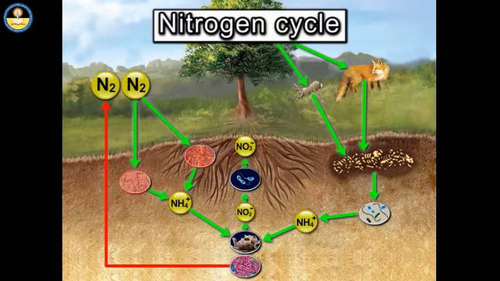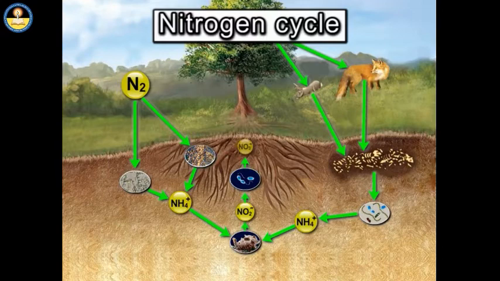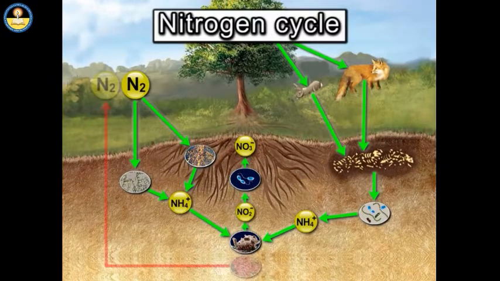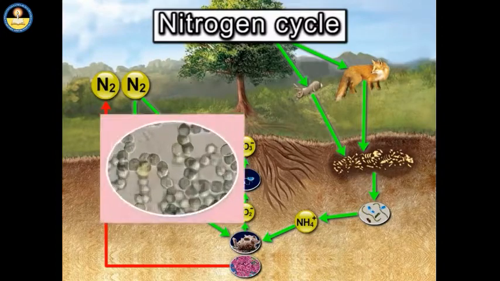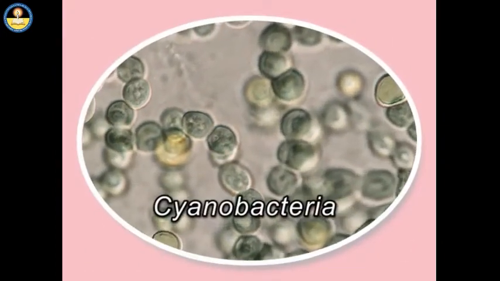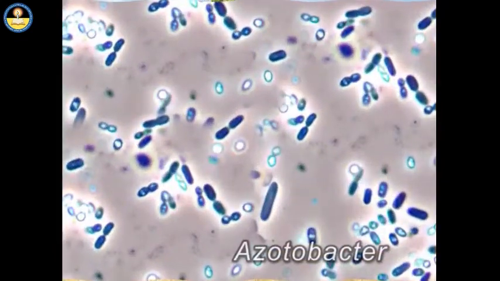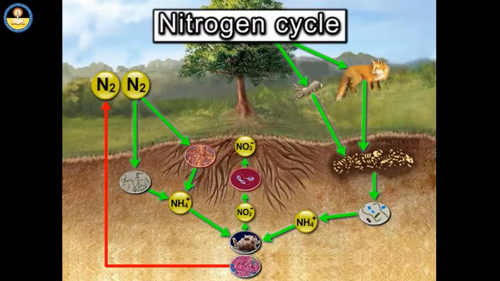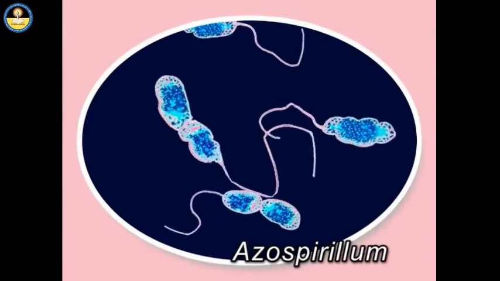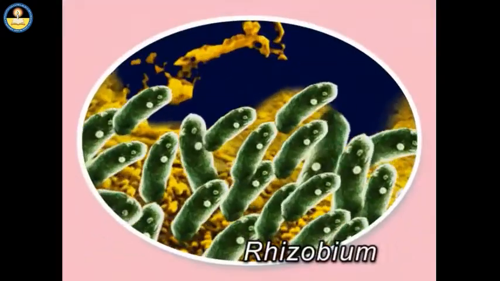Nitrogen-fixing bacteria and algae use nitrogen gas to make ammonium compounds. These compounds are absorbed by plants, and this way it reaches us. These prokaryotes include aquatic organisms such as cyanobacteria, free-living soil bacteria such as Azotobacter, and bacteria that form symbiotic relationships with plants, such as Azospirillum and Rhizobium.